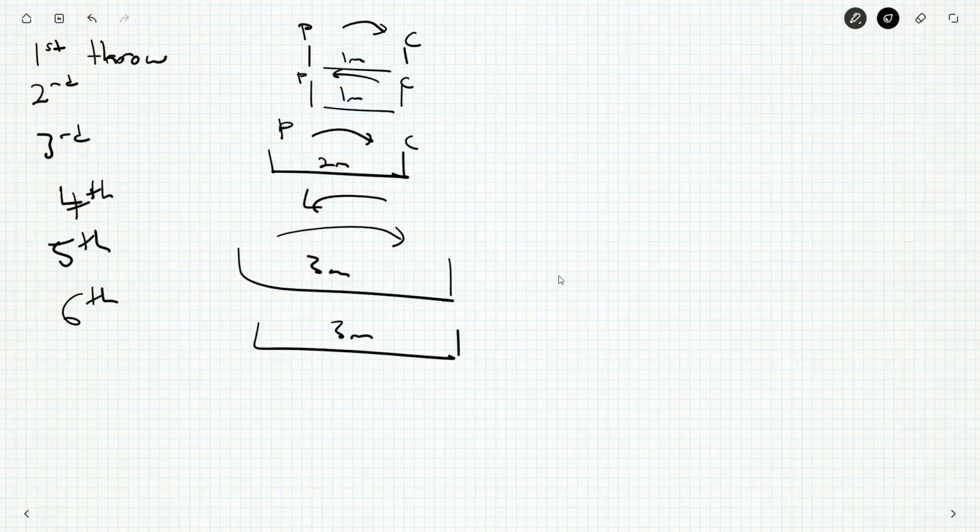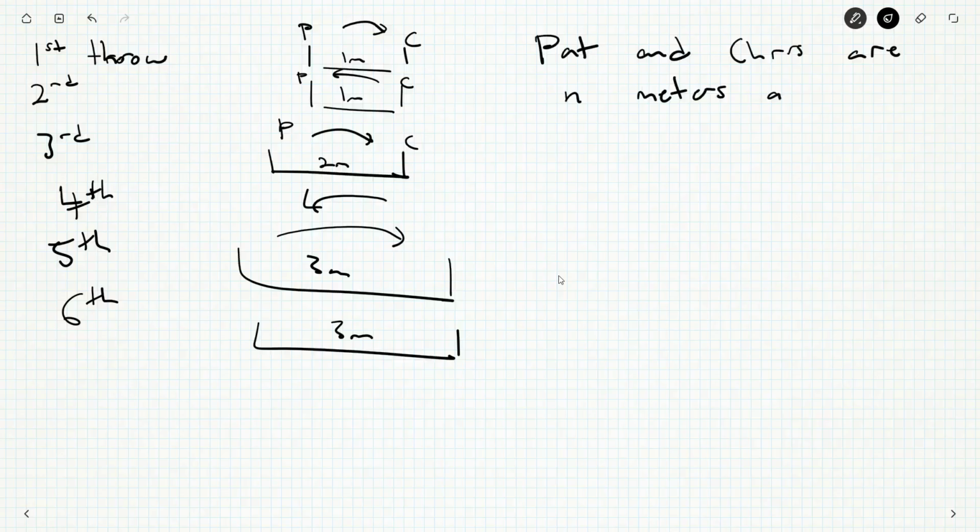So it looks like we might generalize this situation. Pat and Chris are, let's say, n meters apart. For n meters apart, we've got 2 throws. There's 1 meter and 2, 2 meters and 4, 3 meters and 6.